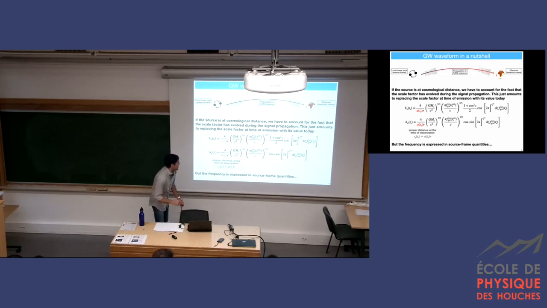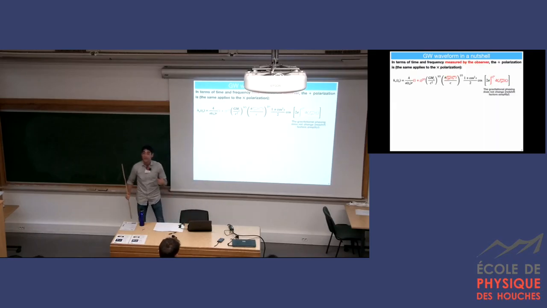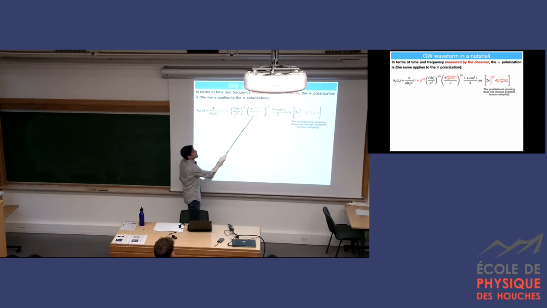Okay. What I want to do now is to express these equations in terms of the time and the frequency that I observe. And what happens here? Basically, I'm replacing the frequency of the gravitational wave, the expression as a function of the time measured in the source frame, with the same expression measured in the observer frame. And to do that, you gain one factor here, 1 plus z to the 2/3, because you have the frequency at the observer in the power of 2/3.